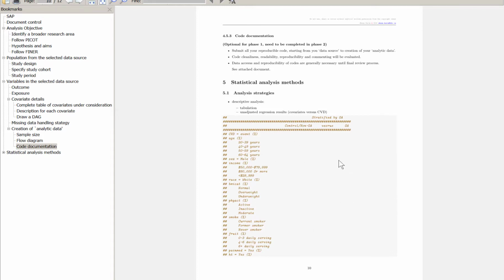So here you can see a template of a table where this is the control subject and this is the case subject, and I exactly list the variables and the variable categories that I'm expecting, and I also list which category I'm showing, because the other category is going to be the base category, right?